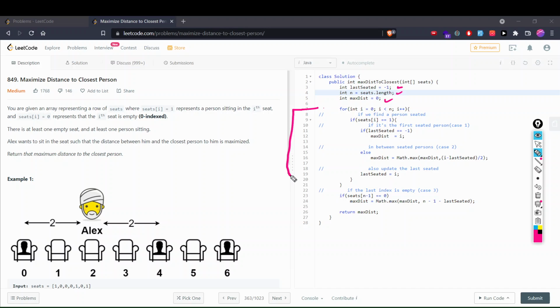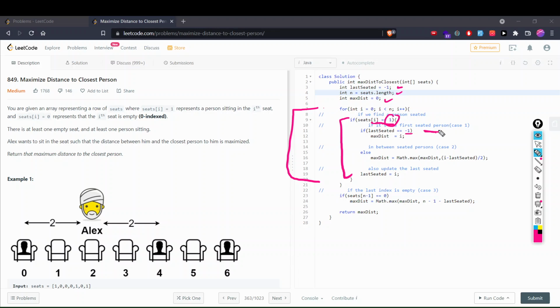This is the loop for traversing the array, and this is the case where we find that a seat is occupied, right? I've already told you that if any seat is occupied, its value is 1 in this array. So if a seat is occupied, there could be two cases. The first is that no earlier seats are occupied, that is, the last index was -1.